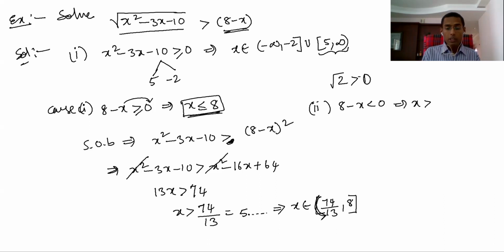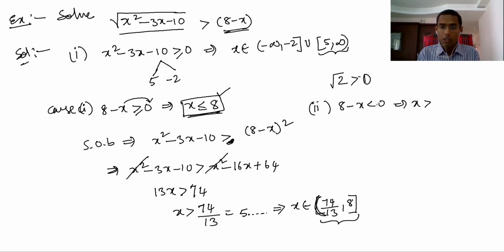In this interval, that means here the condition is to square on both sides and solve. This is also the domain, meaning x values for which you can square on both sides. So in this case, what you are going to get is 74 by 13 to 8. This is one solution.